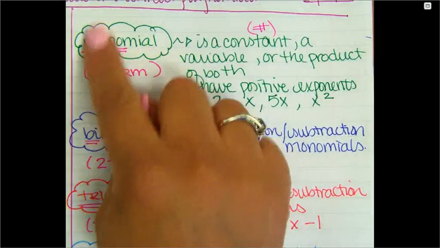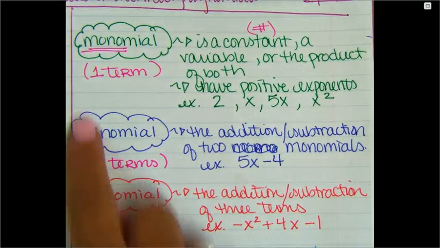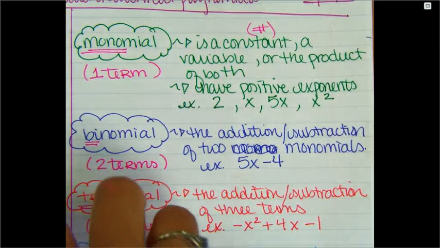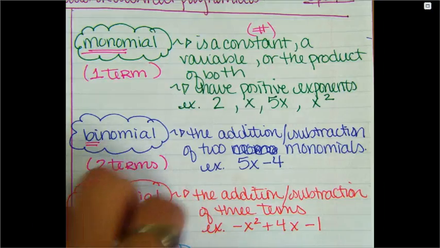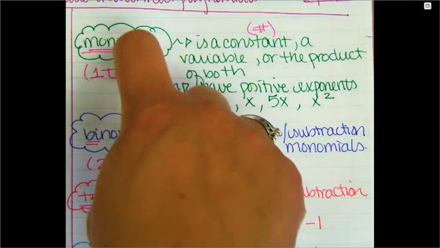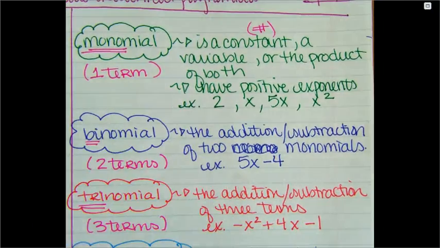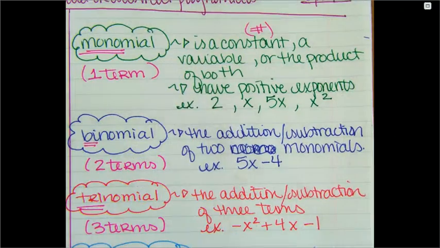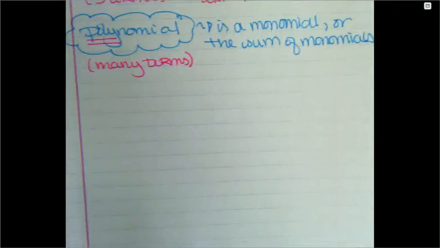Polynomial is the same thing. Monomial, binomial, trinomial. It's their special name, but they're all considered a polynomial. Do you understand? A monomial just means 1, a binomial means 2, and a trinomial means 3. We use the word polynomial to reference all of them, plus more. Okay? So it's the same idea.